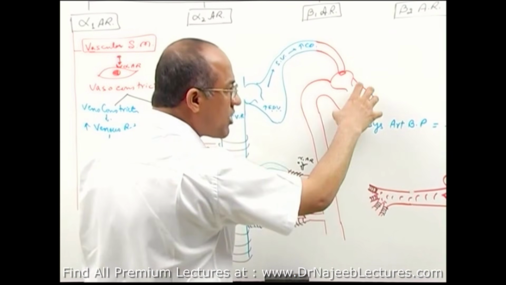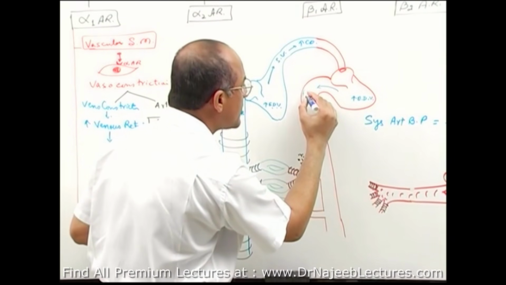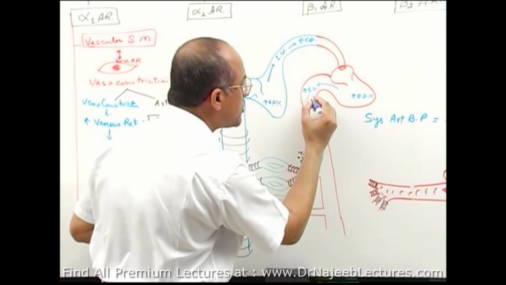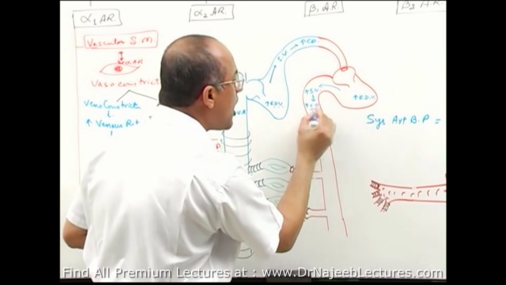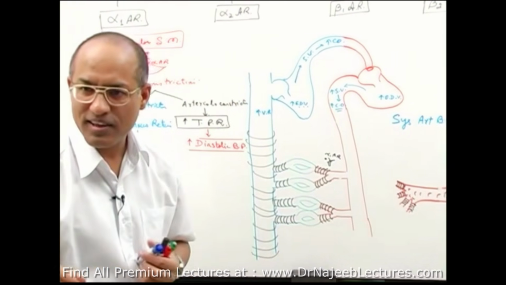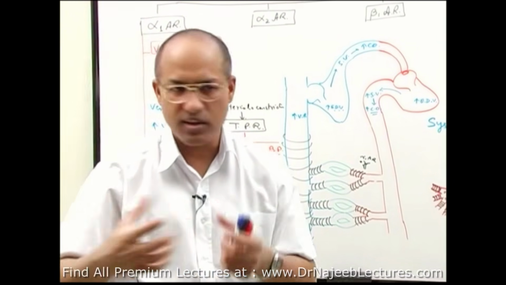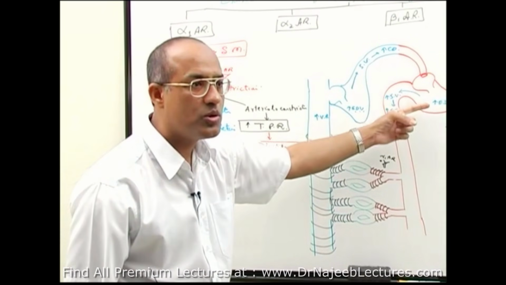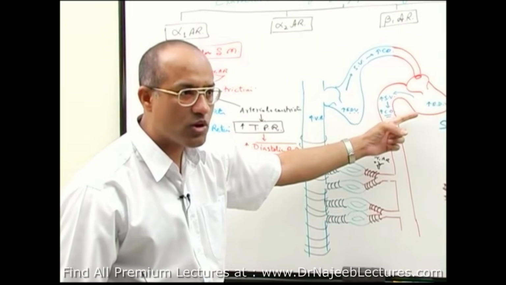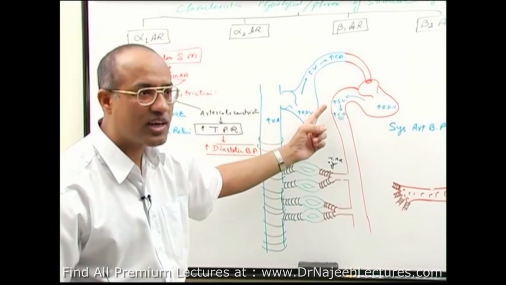So it will contract strongly, and that will lead to increased stroke volume, which will eventually end up in increased cardiac output. Is that right? So whenever there is alpha 1 mediated venoconstriction, increased venous return leads to increased end diastolic volume, increased stroke volume, increased cardiac output.